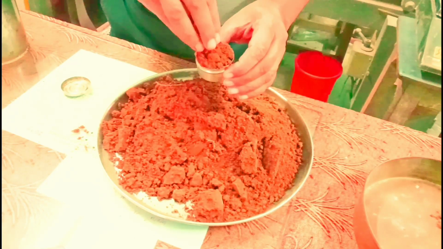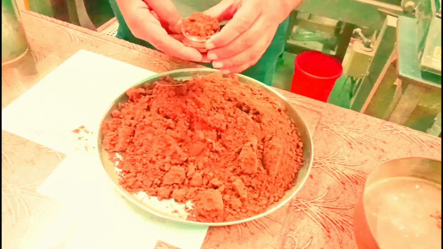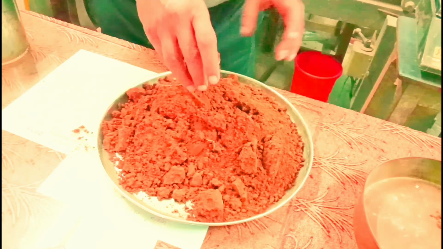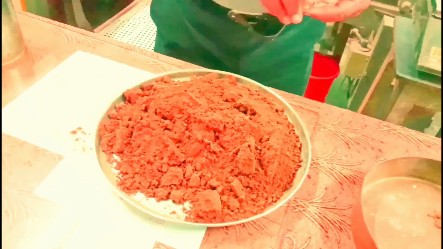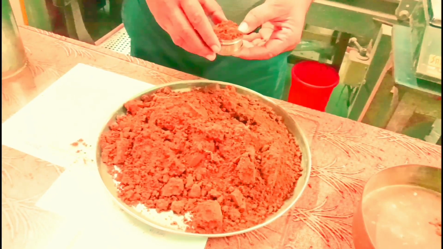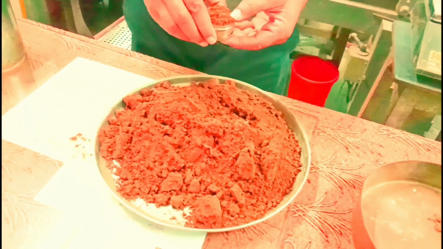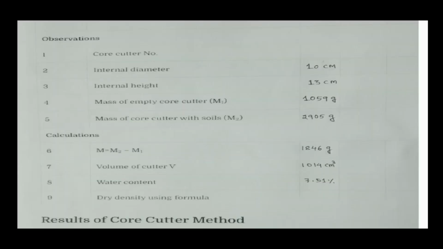The water content determination video has been uploaded and the link is given in the description box. The same procedure will be repeated for the determination of water content, and the water content will be recorded. So it has been found that the water content of the soil is 7.51% from the oven dried method.